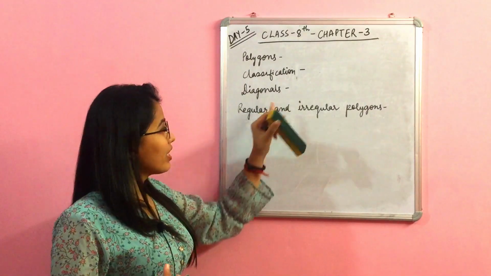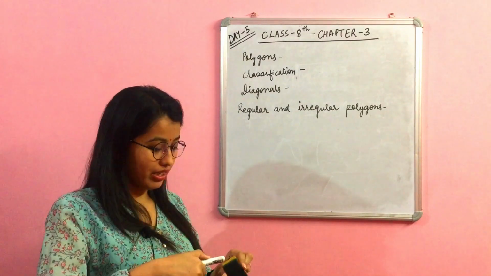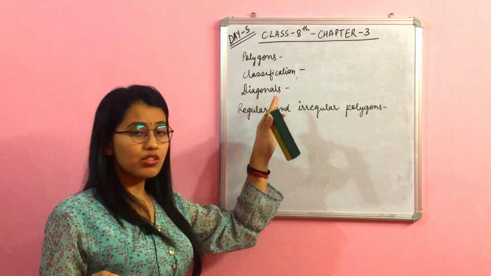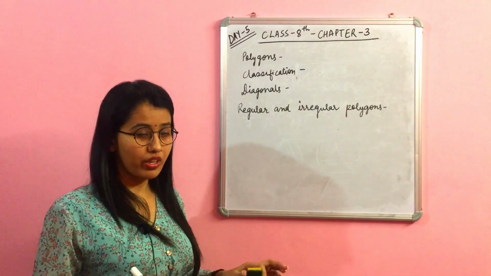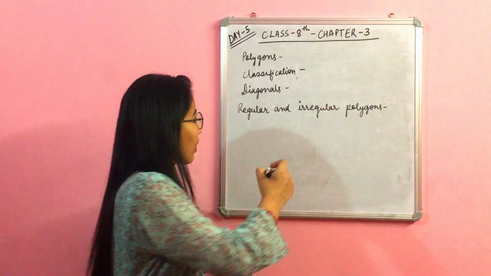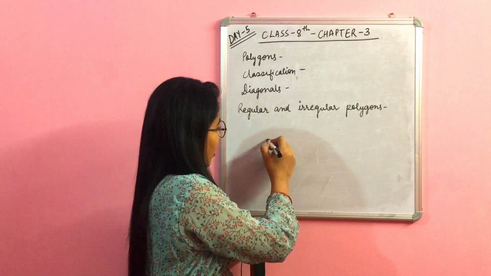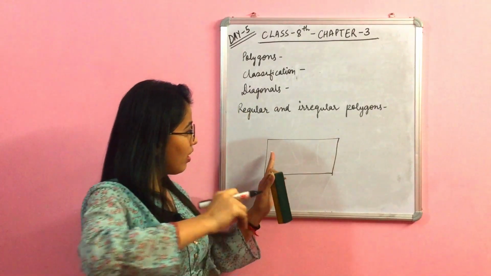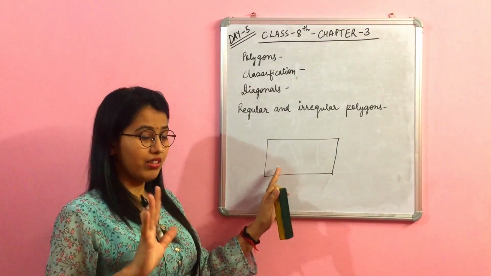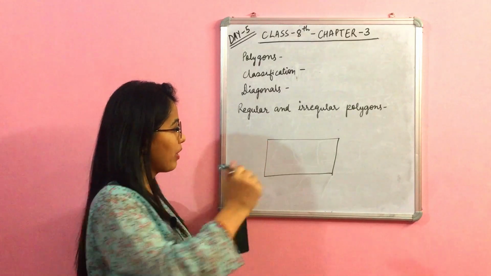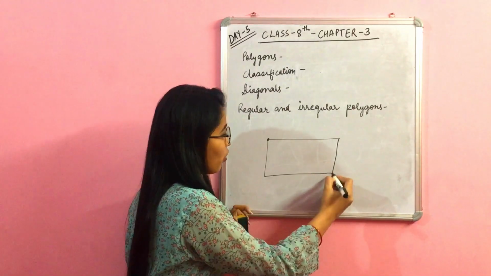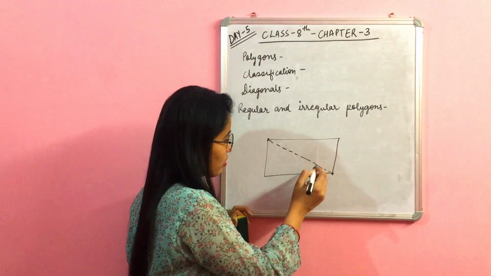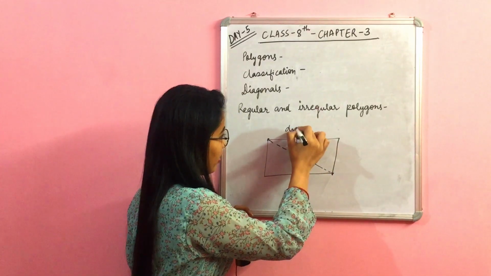Now what are diagonals? I hope you have heard this word previously as well. What does diagonal mean? Suppose I am having a rectangle here. Listen carefully, a line segment which is joining two non-consecutive vertices, just like this, is known as a diagonal.